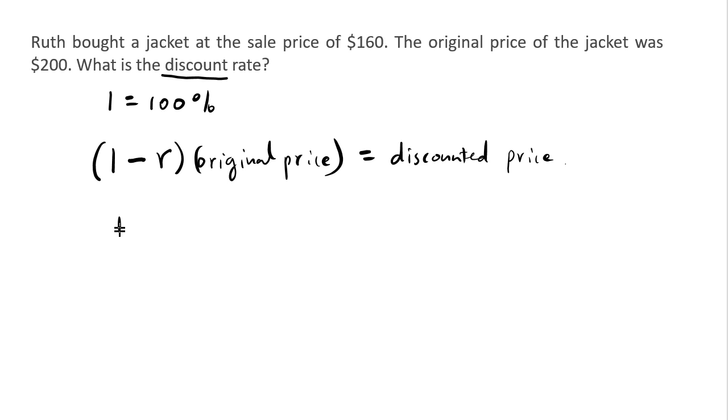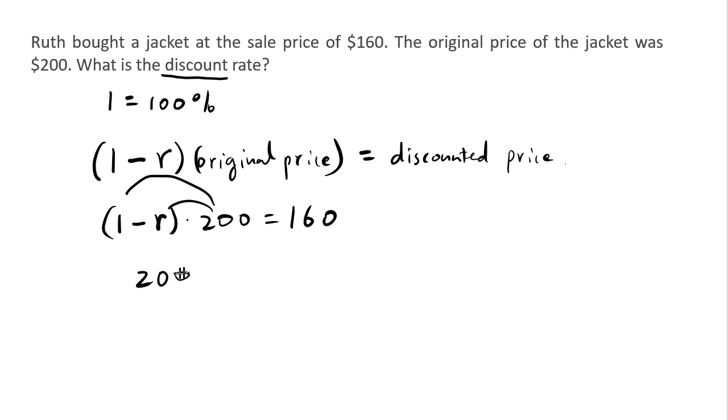You can say, oh, 1 minus r, I don't know what the rate is, but this times the original price, which is 200, has to equal 160. And then you multiply by the 200, so you have 200 minus 200r equals 160.